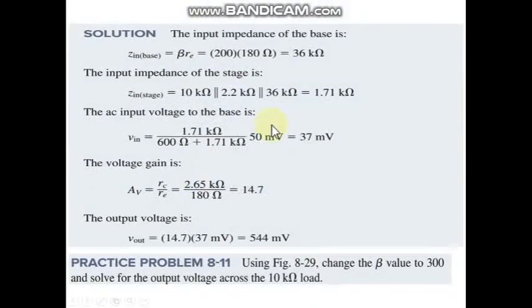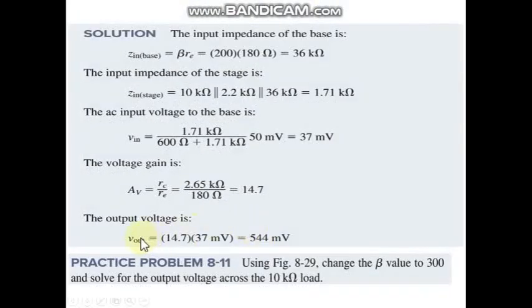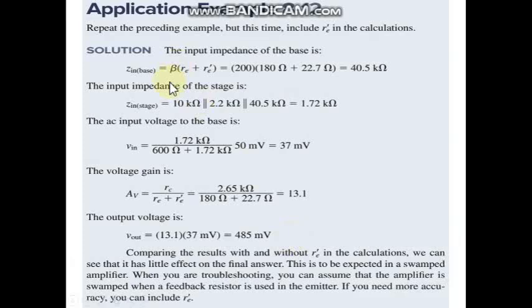Your voltage gain was 14.7, and in this case it is 13.1. The output voltage is 485 millivolt, whereas earlier it was 444 millivolt. So see the change, 444 millivolt to 485. Comparing the results with and without RE dash in the calculation, we can see that it has little effect on the final answer.